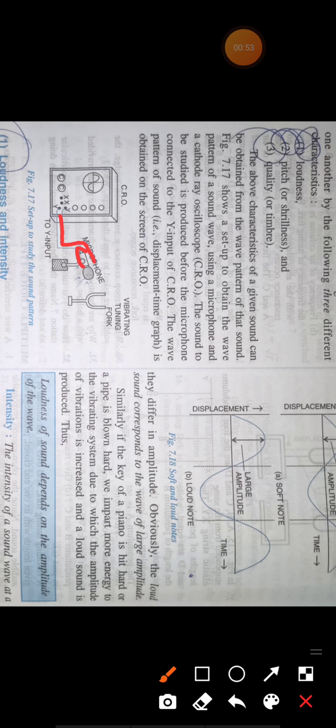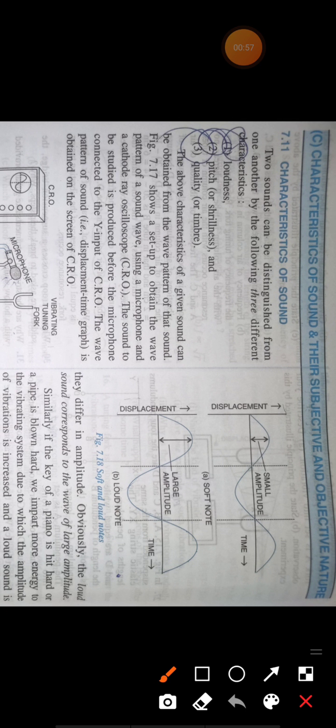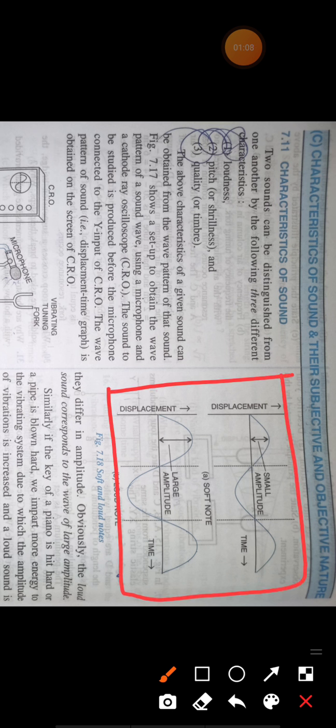The CRO has a screen just like your TV, but a very small screen. In this screen you can see the wave nature of any wave, like this kind of wave.